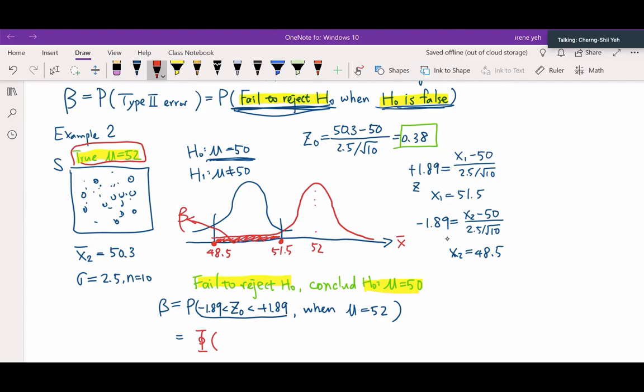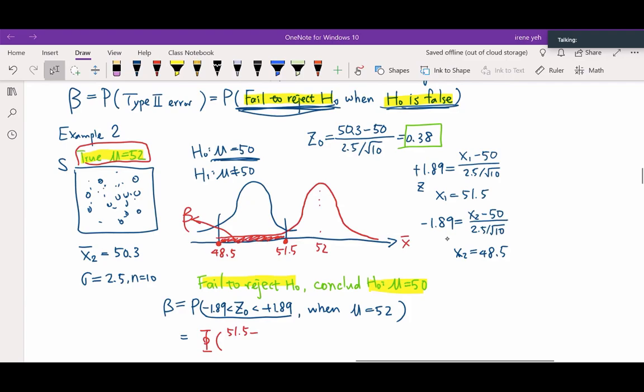And now I'm going to standardize that to a standard normal distribution. What is the population mean in this red distribution? Okay, that's important, 52. Divided by sigma, divided by square root of sample size.